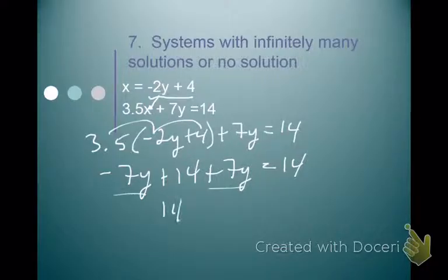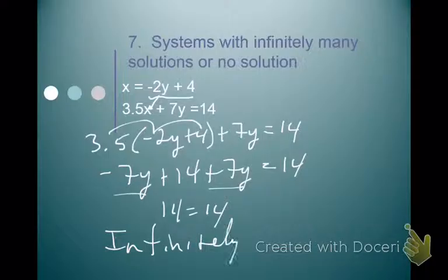And so you just get 14 equals 14. Now let me ask you something. Does 14 equal 14? Does 14 always equal 14? Yeah. So then what's your solution? It's infinitely many solutions.